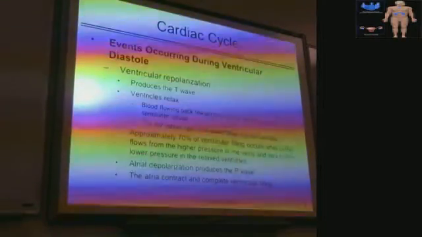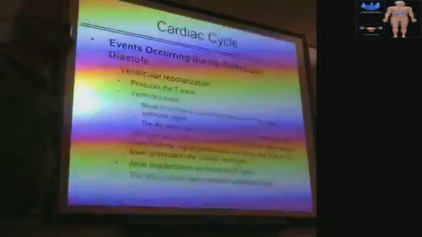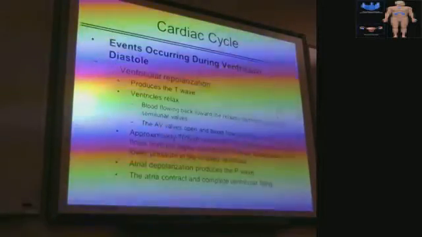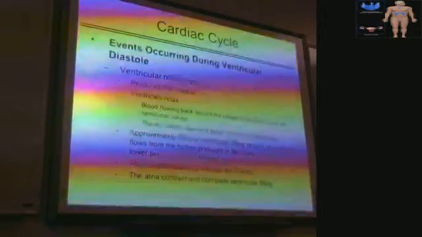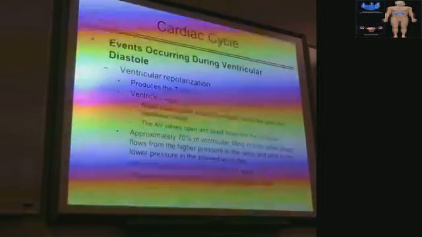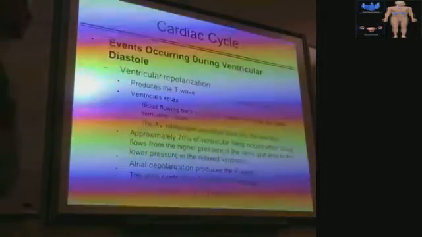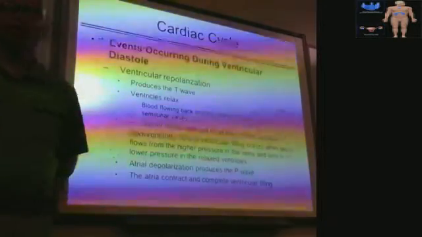Events occurring during ventricular diastole. Ventricular repolarization produces a T wave. The ventricles relax, and blood flowing back toward the ventricles closes the semilunar valves.